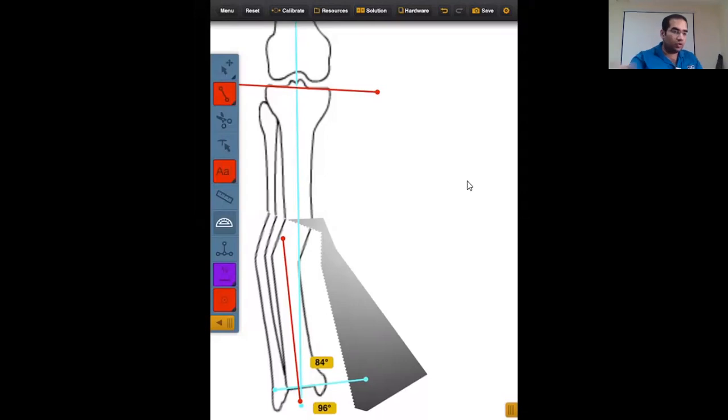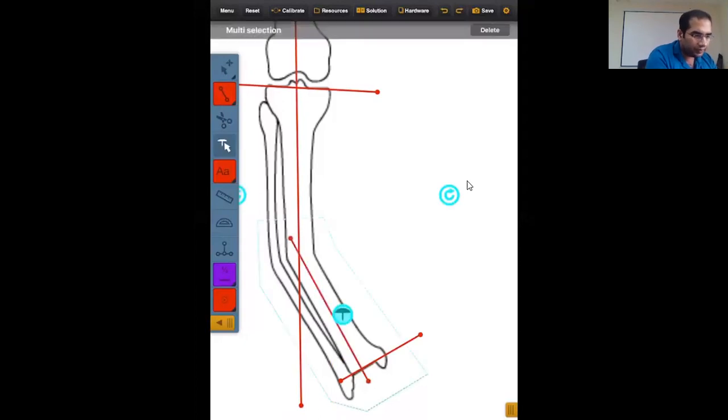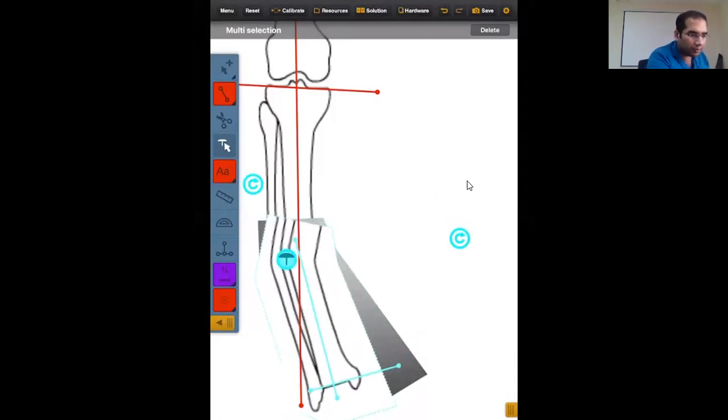So what other option have we got? We cannot do an osteotomy over the ACA, but we want to restore that. Now, if we plan our osteotomy away from the CORA, but keep our hinge at the CORA, what is going to happen?